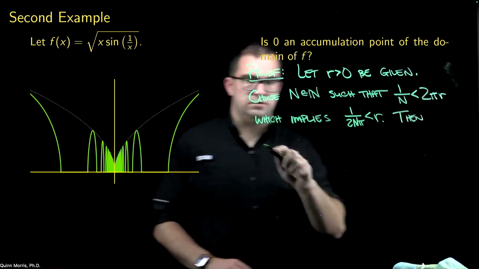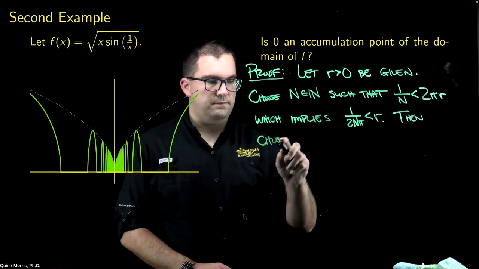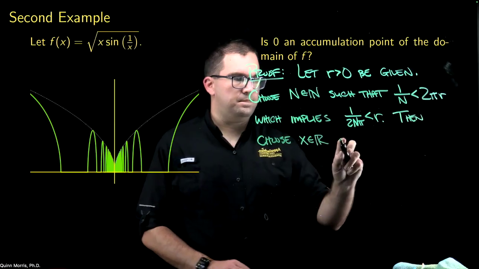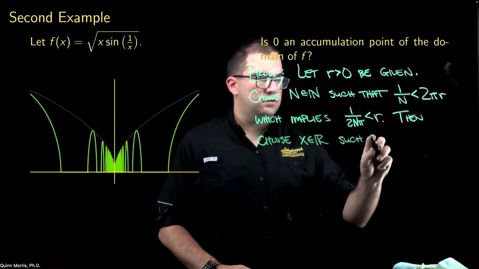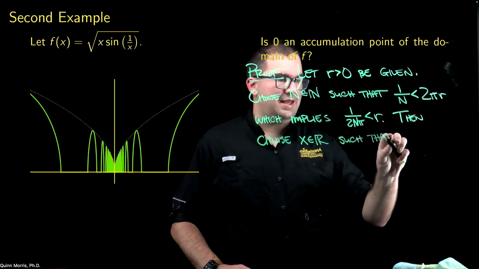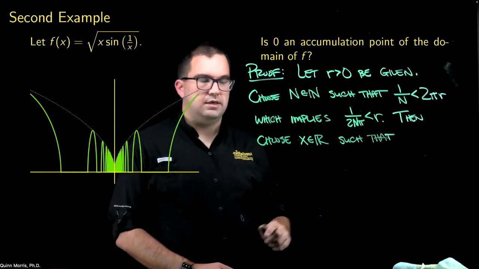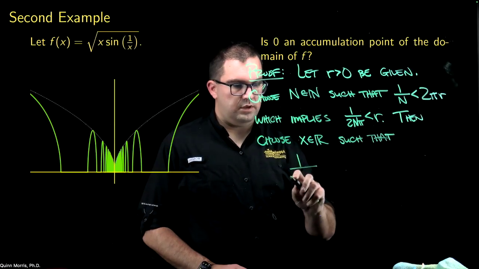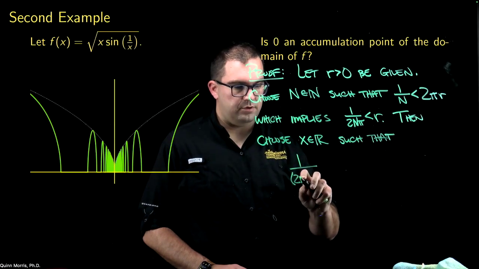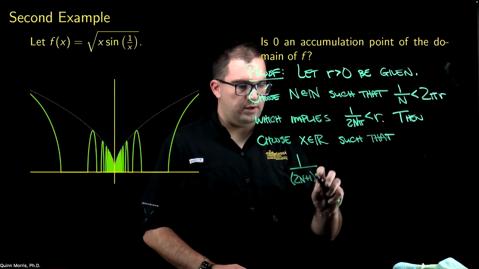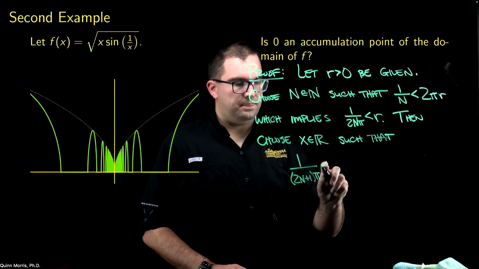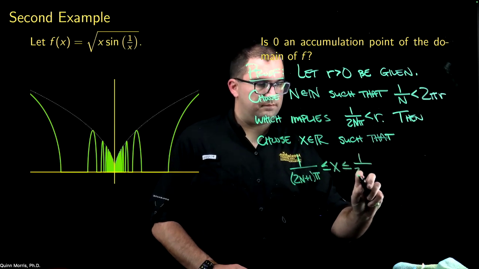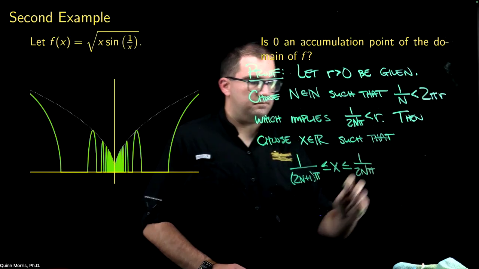Then I'm going to choose a real number x such that x is between 1 over (2N plus 1) pi and 1 over 2N pi.